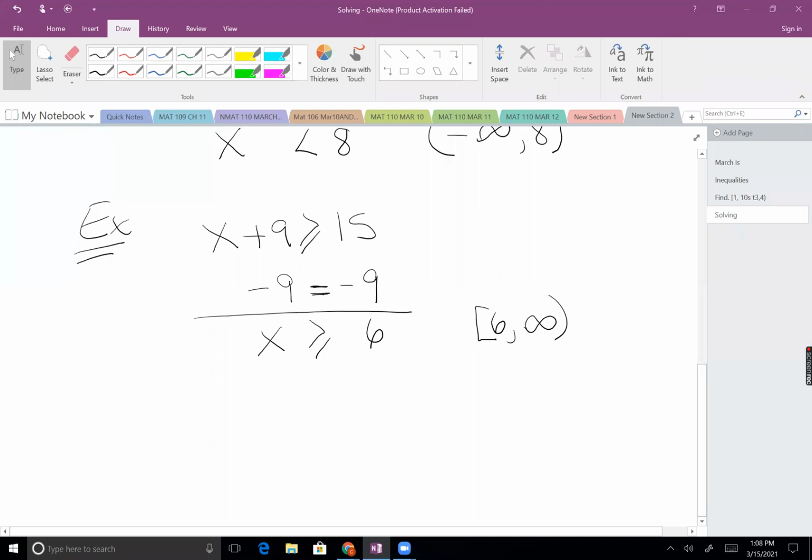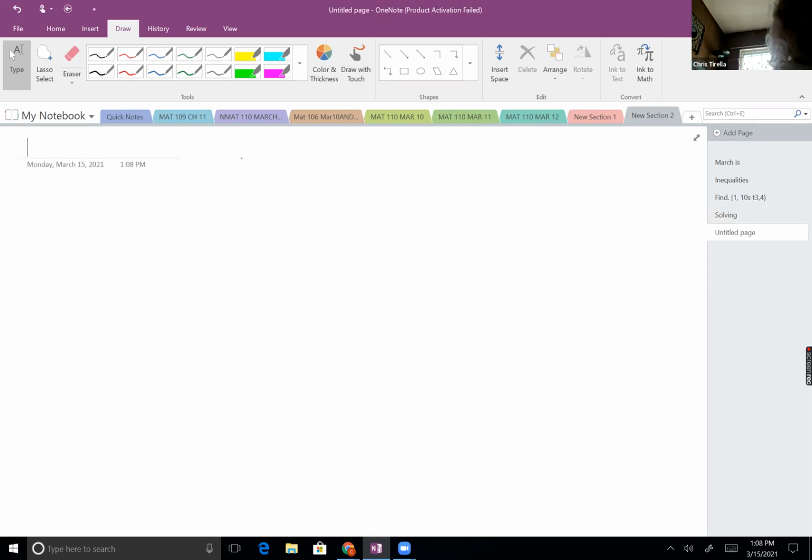Where solving inequalities differs from solving equations is when I look at multiplication and division with inequalities.